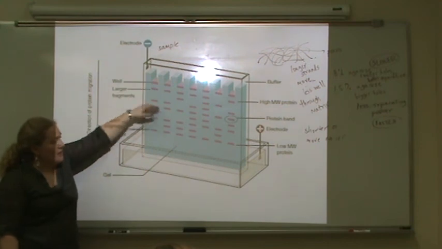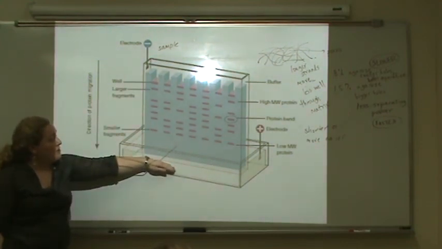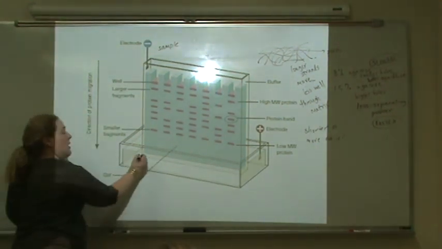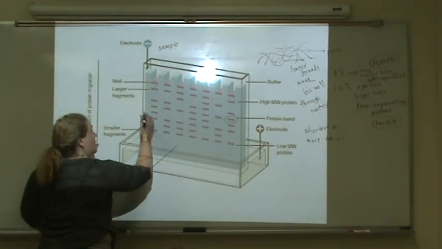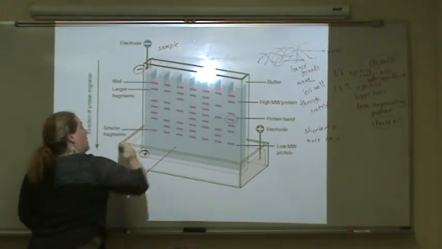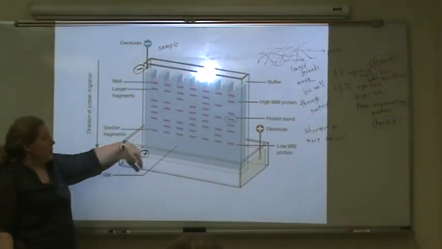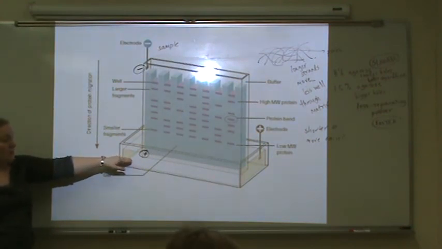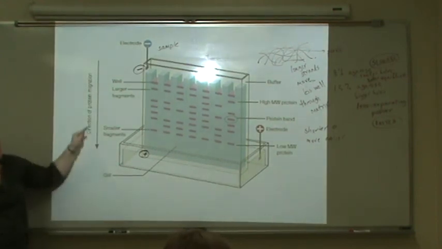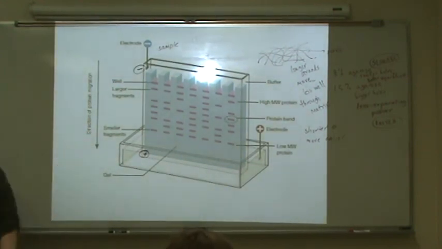And the positive end of the field is going to be down here away from where the wells are. So you've got a negative pole up here, positive pole down here. In this situation, what charge do you hope that those samples have if they're going to move through this gel?